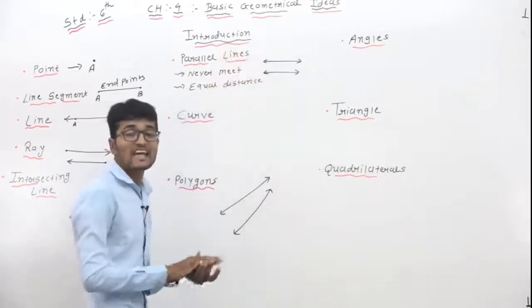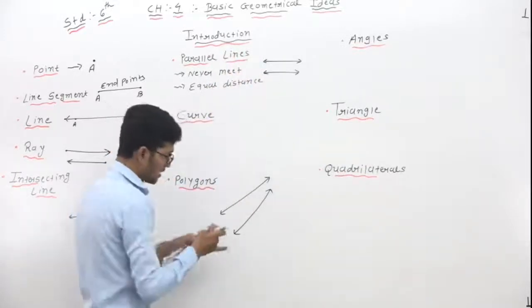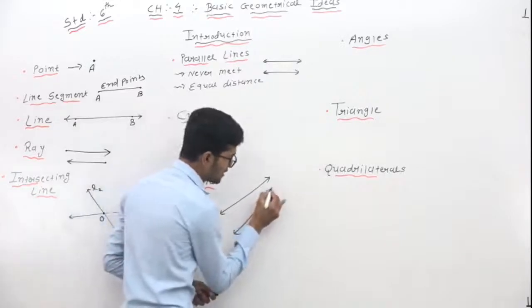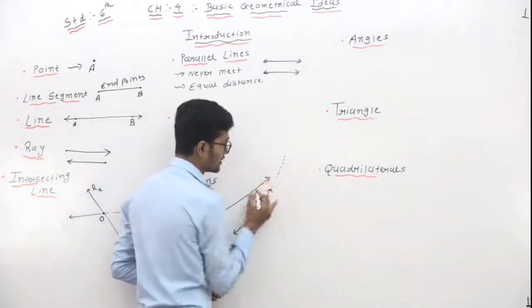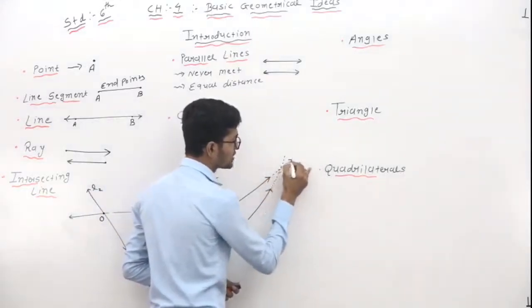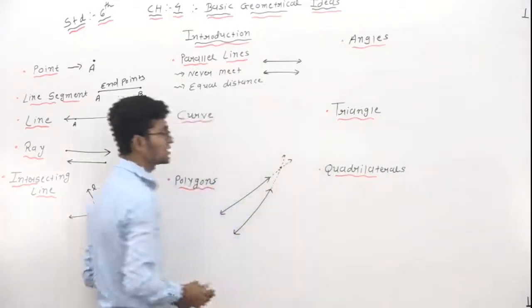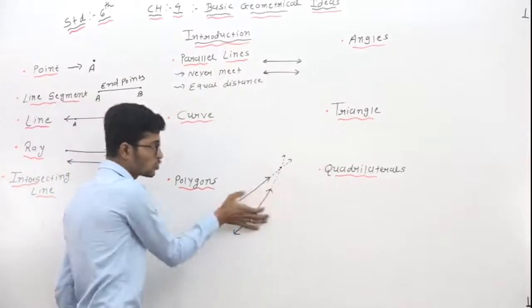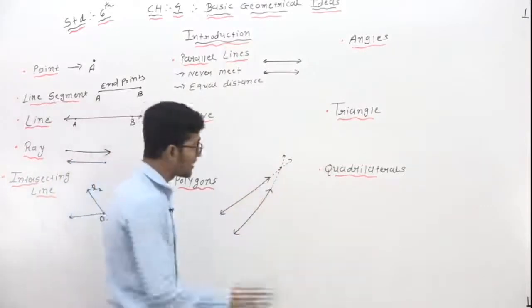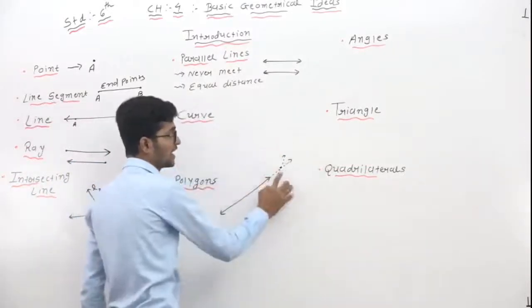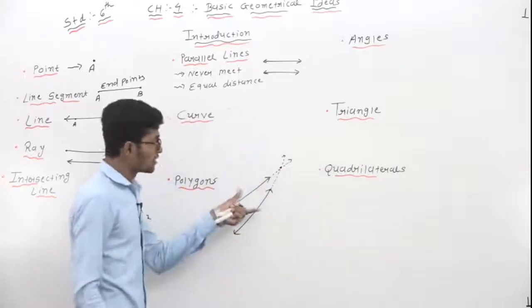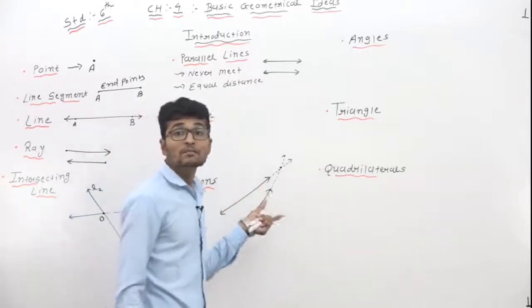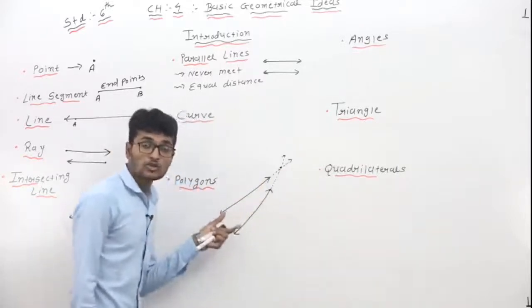What is a line? A line extends on both sides. This line extends here, and this line also extends. So here they meet each other and intersect at a point. So these two lines are not parallel lines, because when extended they meet at one point.